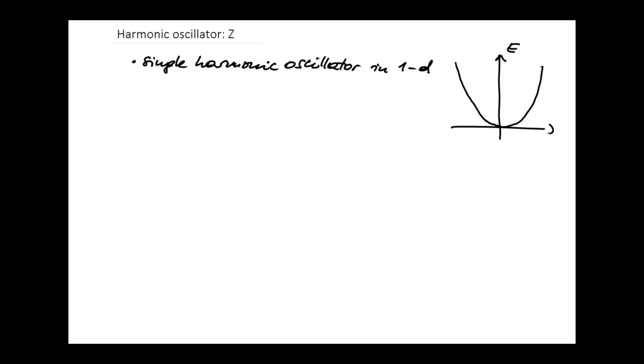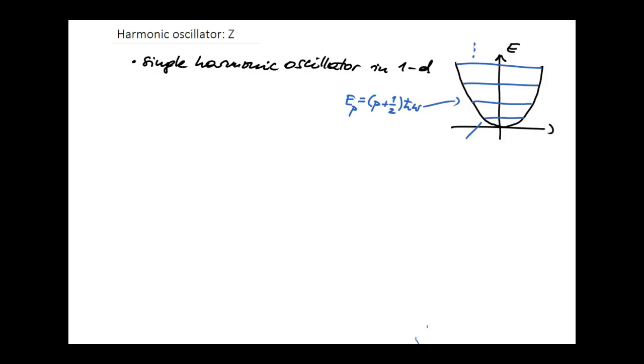This is the harmonic oscillator potential, and you have energy levels that are equally spaced, and the energy of the pth level is given by (p + 1/2) h bar omega.